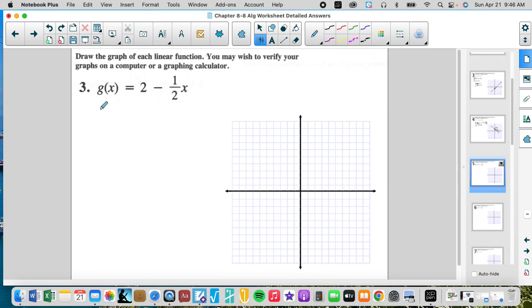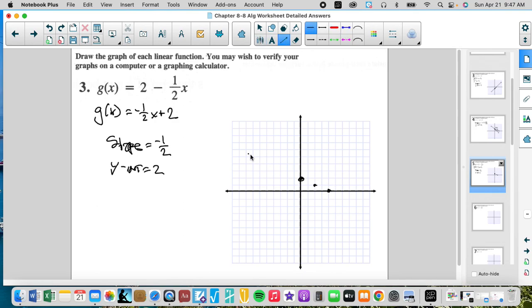So we want to see this. This is function notation, but I'm going to write it with the variable first. So now I can see what my slope is. My slope is -1 over 2. My y-intercept is 2. So 2, down 1, right 2, down 1, right 2.